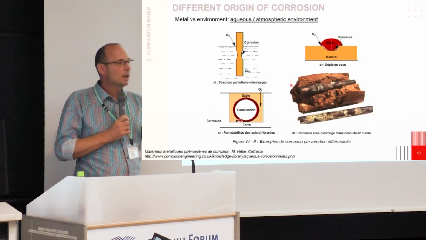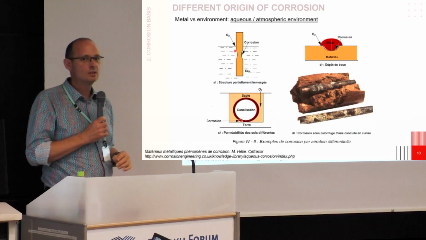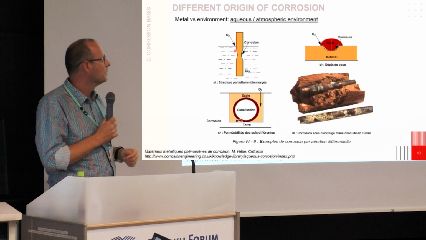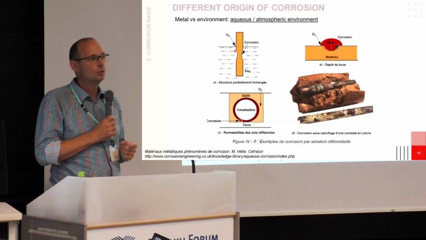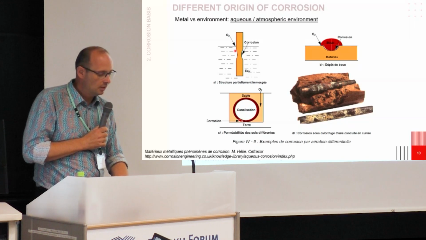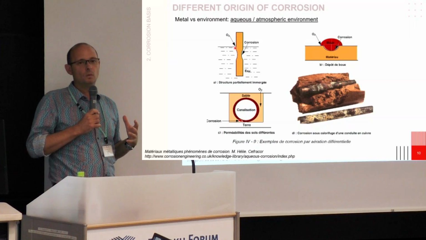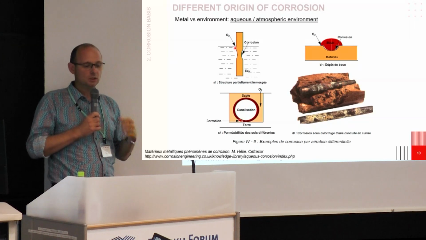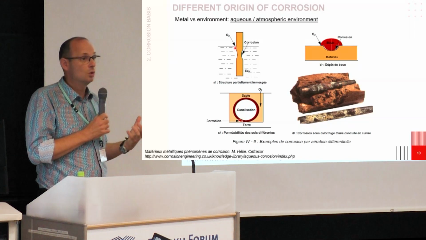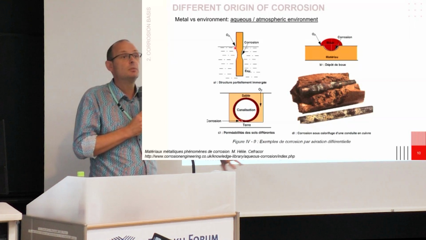Let's say first, in aqueous corrosion, if you understand that dissolved oxygen, the oxygen dissolved in water, is the counterpart of the dissolution of the material, that means that where I have a lot of oxygen available, electrons will be caught, and in the area where there is no more oxygen in the solution, it's mostly the iron which will be dissolved.